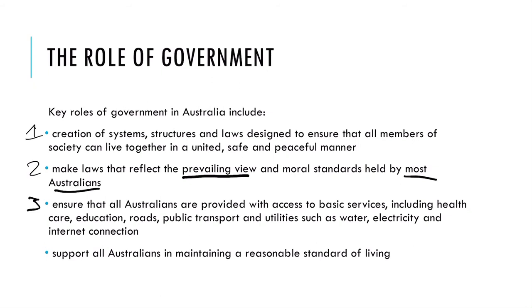It might even be the provision of services like hospitals, schools, public transport, which is really important because some people in Australia can't actually access those basic services themselves, so they require government assistance. Fourth main role of government is to support all Australians in maintaining a reasonable standard of living. And you can see how roles 3 and 4 kind of overlap a little bit.